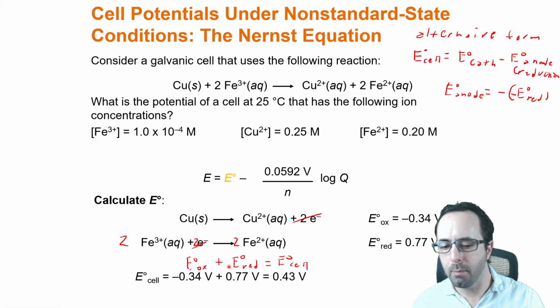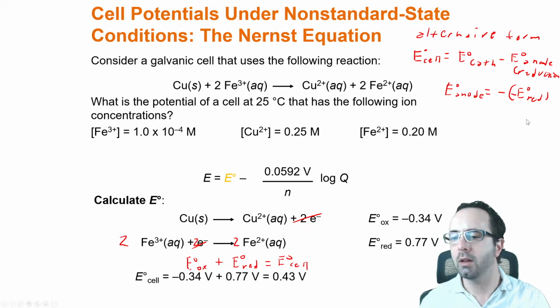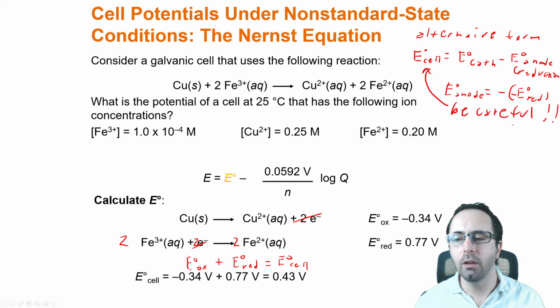So here, notice I'm adding because my oxidation potential already has the sign changed. But in this equation, this is there to change the sign of the reduction potential to make it an oxidation potential. So if you're using this equation, I'd say be careful with this. I don't use it, okay?